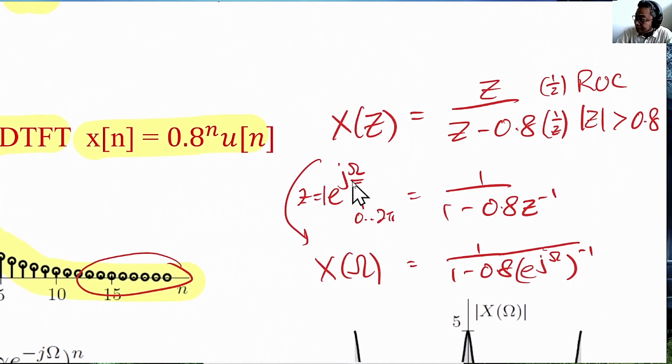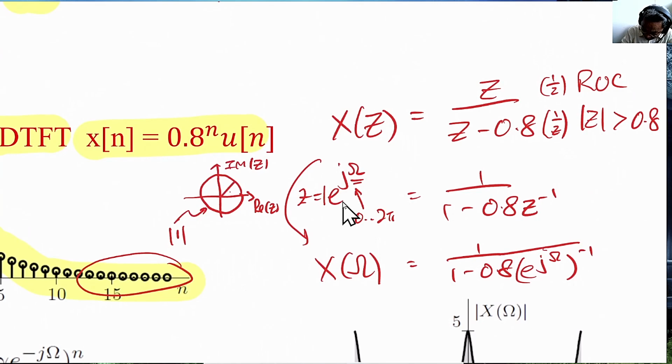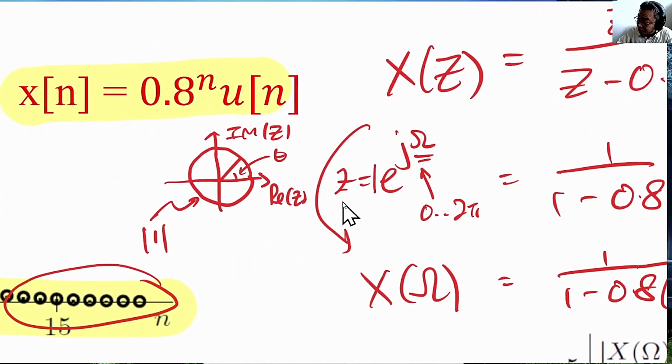So we are going from e to the j 0 to e to the j 2 pi, which is exactly this ring over here, the unit circle. This is the real part of Z, this is the imaginary part of Z, and this ring is radius 1, and this is theta. The theta will go from 0 to 2 pi.